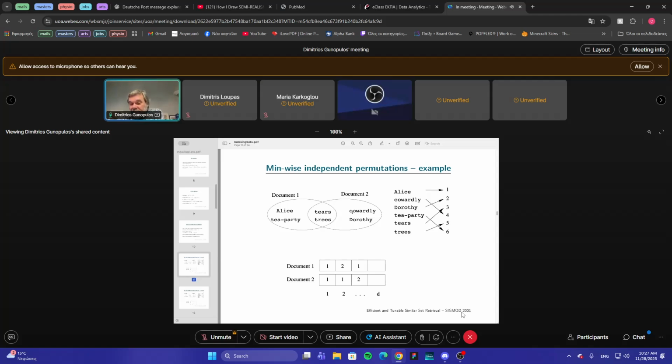It's 3/10. And if 9 of 10 are the same, then I can be fairly sure that the Jacquard coefficient between document 1 and document 2 is 90%, 0.9.